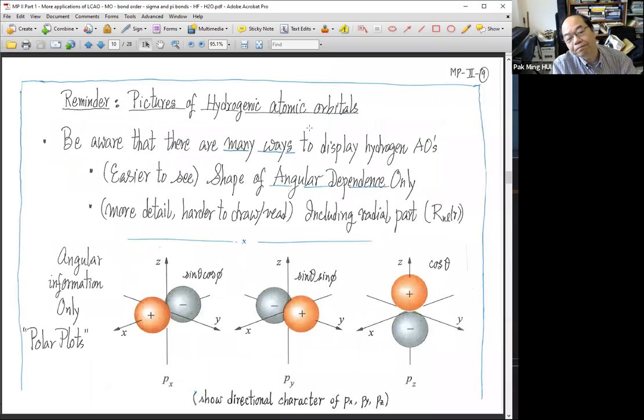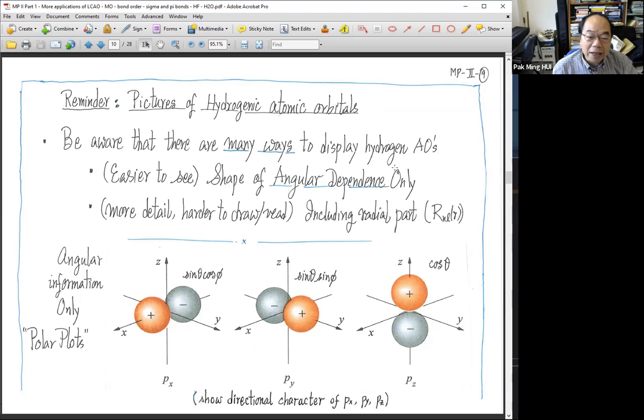Let's move on. Here is a reminder, because I didn't teach the first course, I just want to make sure that we are on the same footing, everybody, okay? So I want to remind you of the pictorial representation of some atomic orbitals. If you read different books, there are different ways to display the hydrogen atomic orbitals.